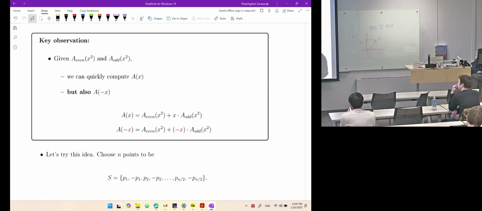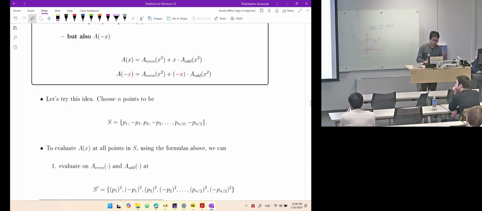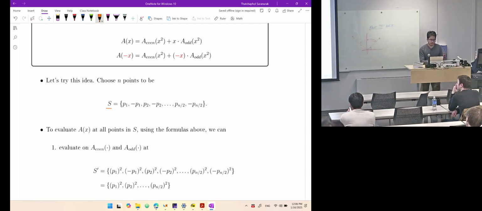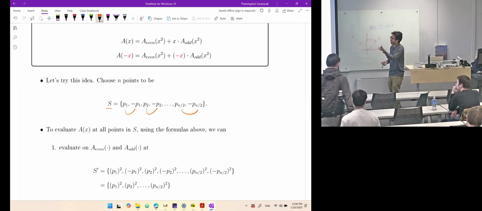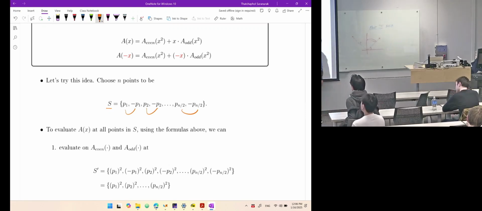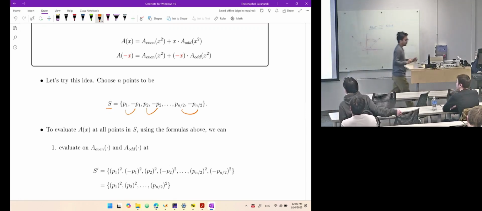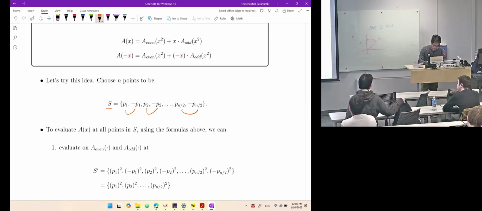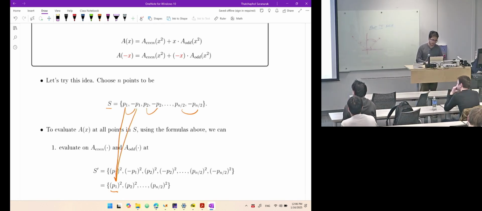You don't need to evaluate on 4 points, but just 2 points in the recursion. Because of this insight, let's design our point set S to be n over 2 pairs of points that are negations of each other. Once we do this, when we want to recurse, we just need to recurse on each of these. When you square them, they map to the same number, so it's kind of nice. Okay.